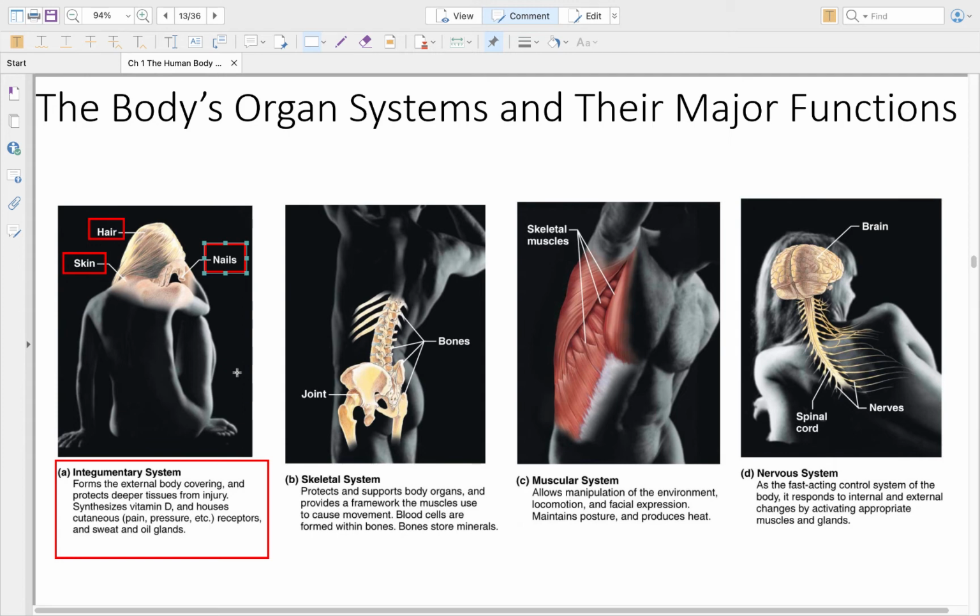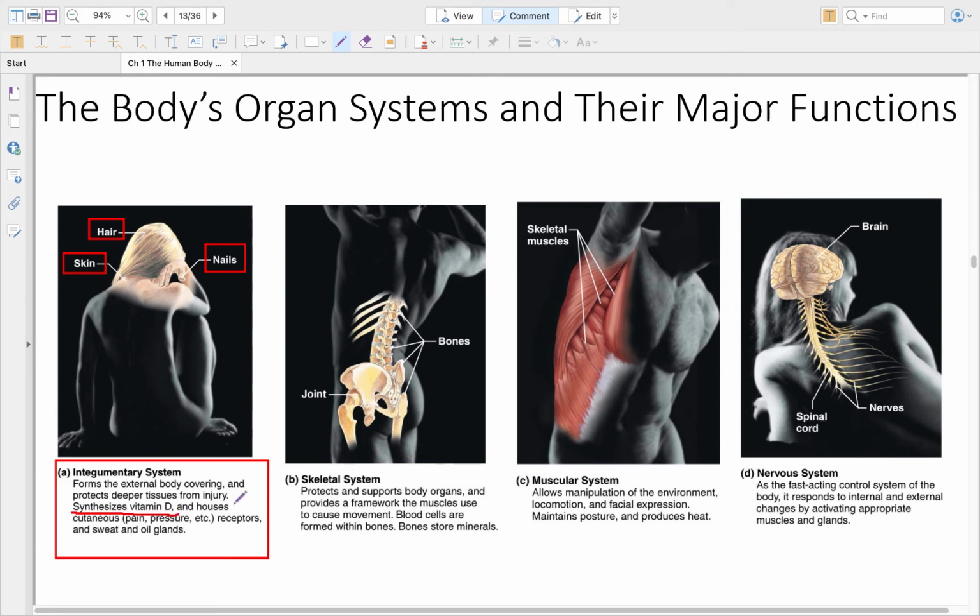Not only does it protect all of the tissue underneath from injury, it acts as your first line of defense because it creates a physical barrier. And we also have some immune cells inside of the integumentary system that is your first line of defense against bacteria.